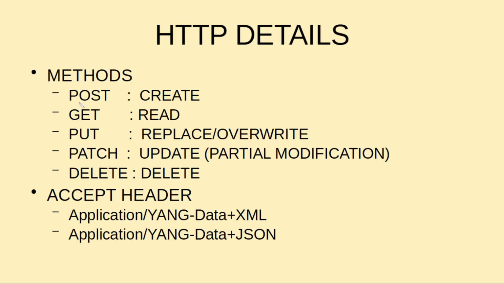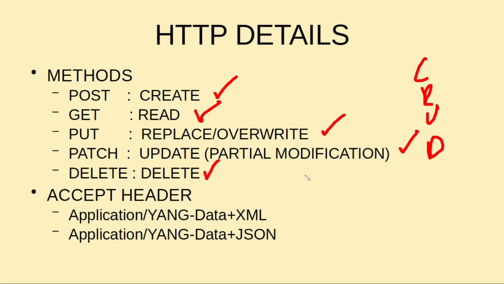Since Restconf is an HTTP tool, we can use all the available HTTP methods. For instance, we can use the POST method to create data, the GET method to read data, the PUT method to replace or overwrite data, the PATCH method to partially modify data, or the DELETE method to delete data. This makes Restconf qualify as a CRUD tool.